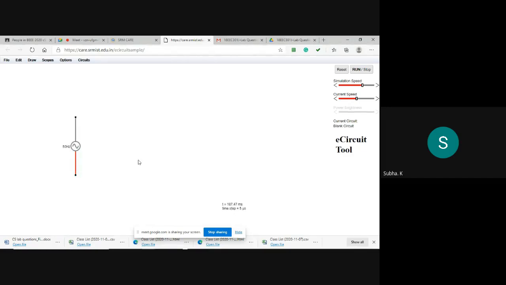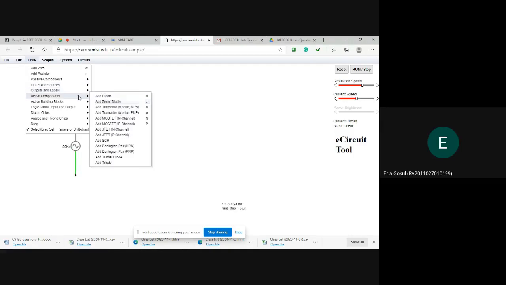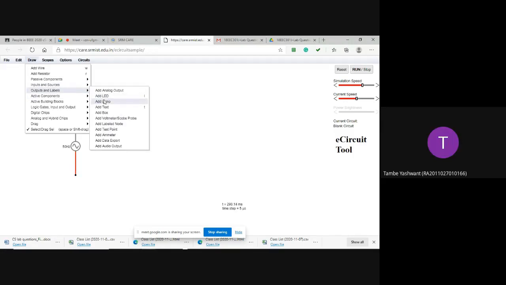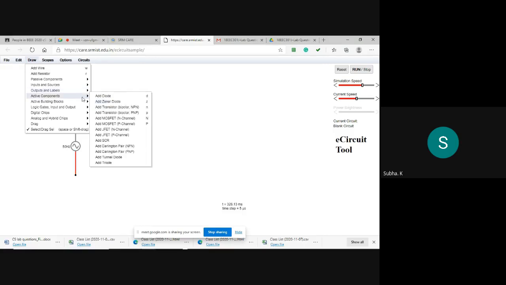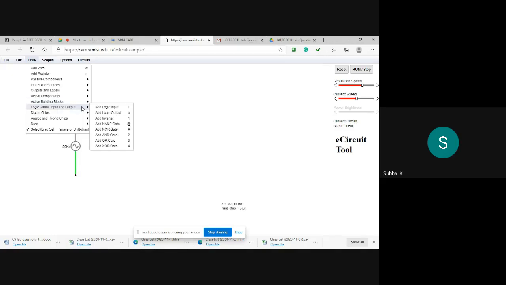Then I have to have a lamp. We find out where I am having a lamp. Components. Yes, ma'am, I can add LED. Add lamp. Lamp is also there. I will check out whether there is any bulb or not.